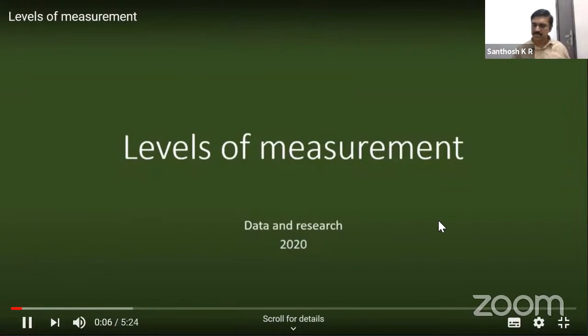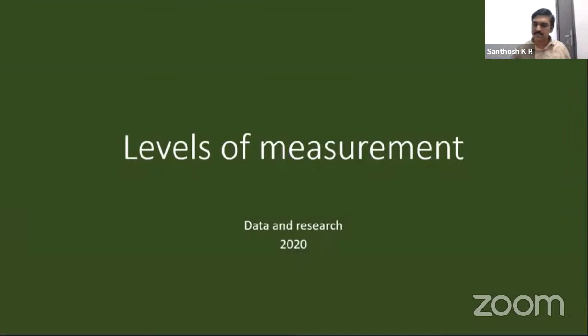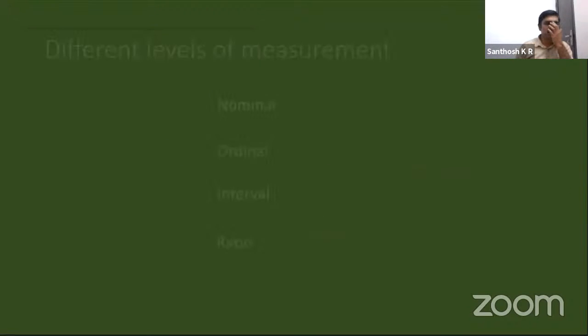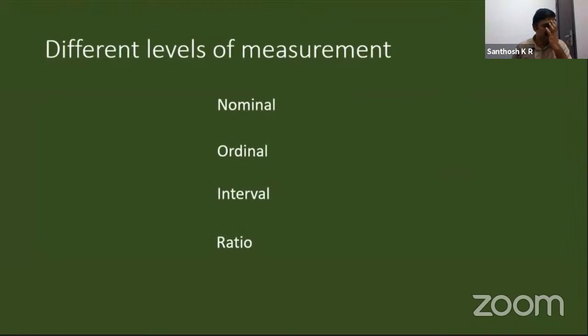Analysis by data and research. In this video, we'll discuss various levels of measurement. Based on our capacity to measure different objects or events, measurements are classified into four: nominal, ordinal, interval, and ratio.